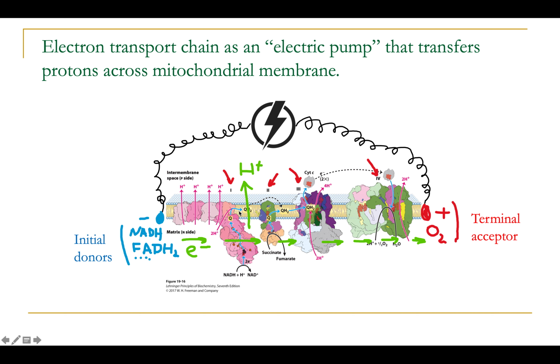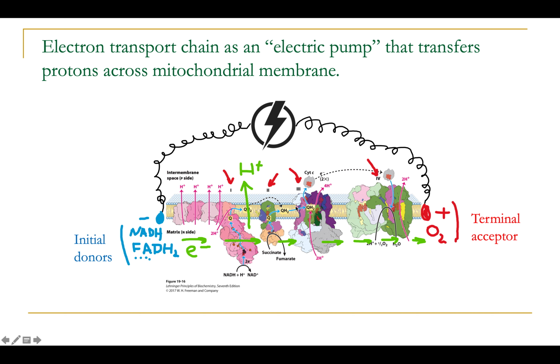And because of that, ubiquinone can oxidize the reduced form of complex 1 back into the oxidized state and get reduced to ubiquinol. And ubiquinol in turn has lower affinity for electrons than complex 3.